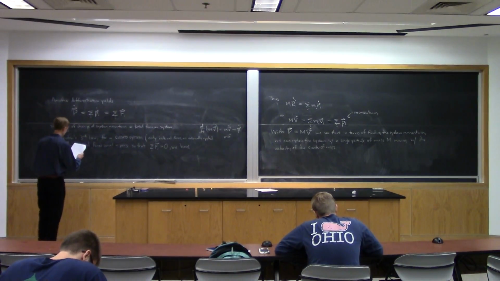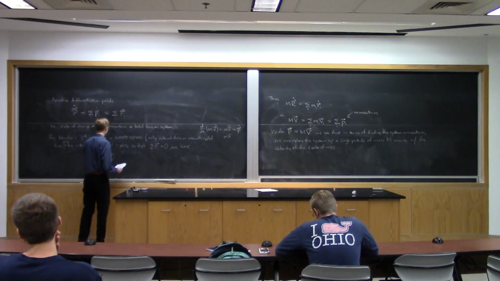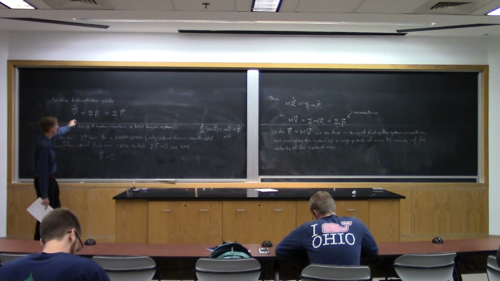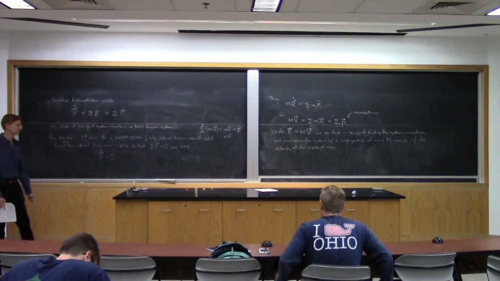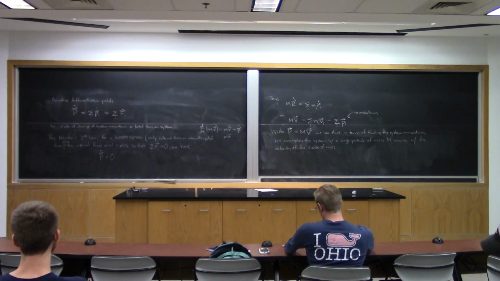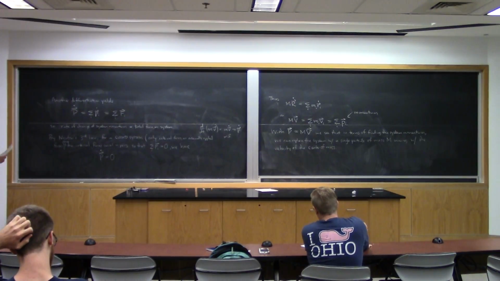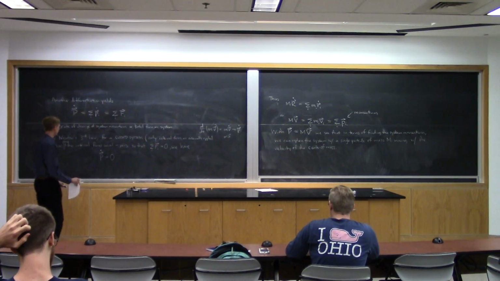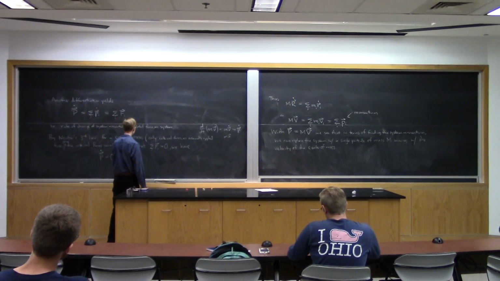We have that P dot is equal to 0, because P dot is the sum of the forces, but if there's only internal forces, if we have a closed system that's only interacting with itself and nothing else, then P dot is equal to 0. Capital P dot, the system momentum dot, is equal to 0. So what does that say about the system's momentum?